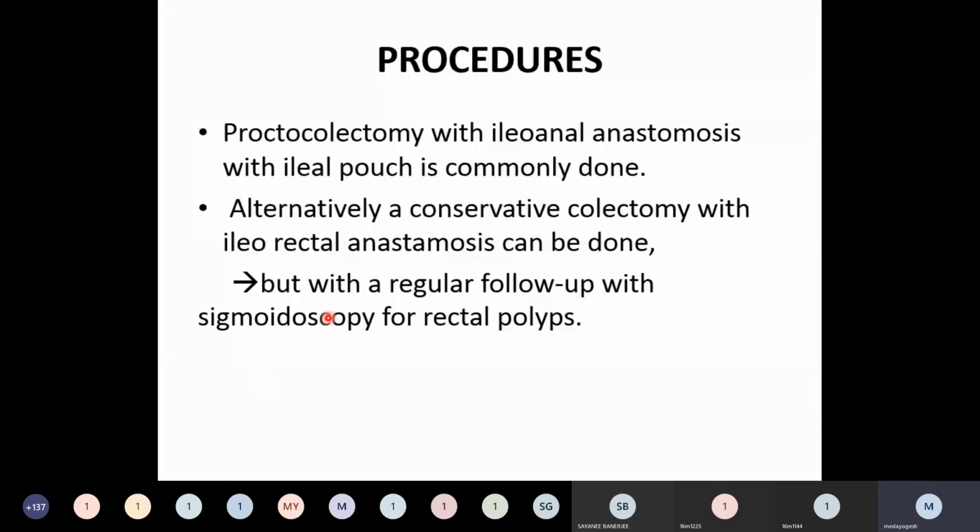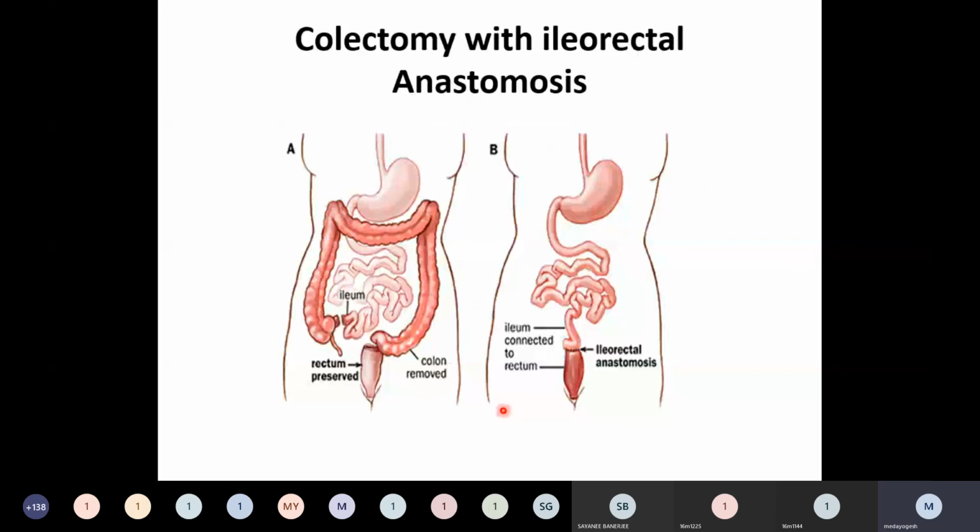That's why the restorative proctocolectomy with ileoanal anastomosis in 2 stages is recommended as the standard procedure. This diagram depicts where we are removing the whole of the colon. The whole of the large intestine is removed, and we are preserving the rectum here.